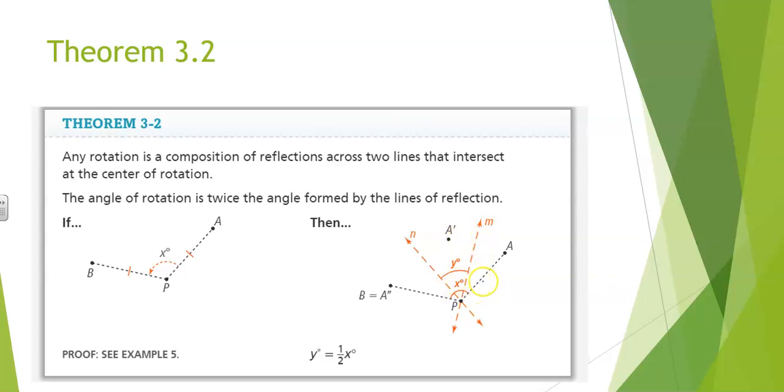But what's true is that if you rotate it, this angle right here is half the measure of this angle formed. So it's kind of interesting. Do we really need it? Not that much. But it's interesting to see some more things that are true about rotations.